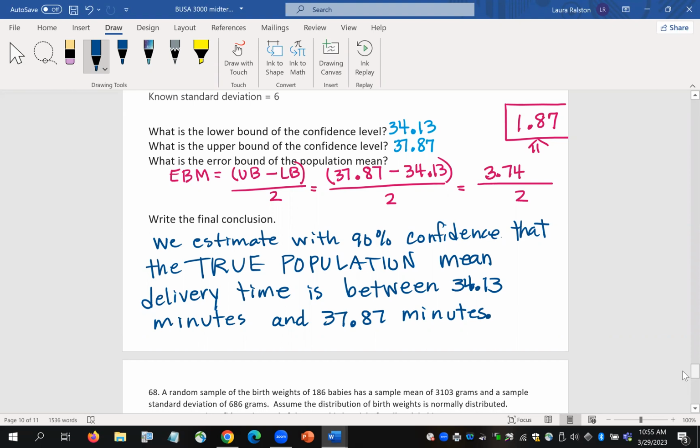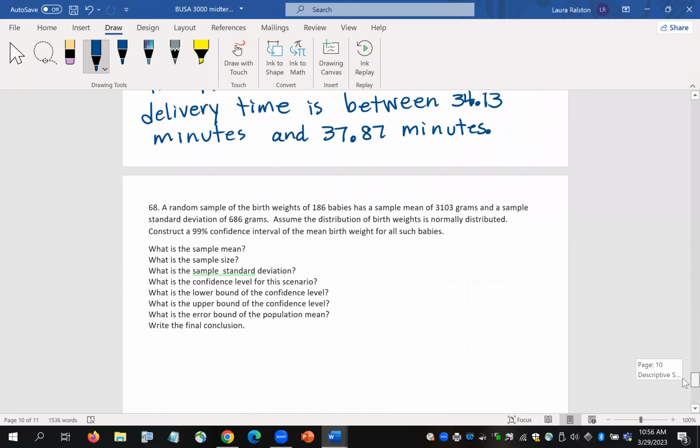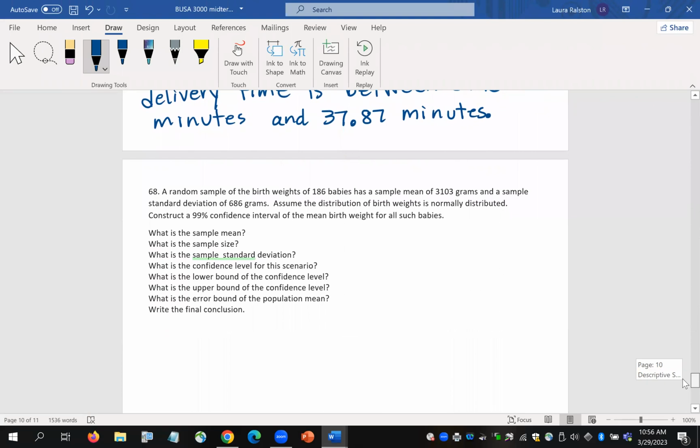Okay. Now, remember, on this one, you had the population standard deviation. When you know the population standard deviation, you do Z. But if you do not know the population standard deviation, if you look at the second one, you don't know the population standard deviation, so you use T. But the process is the same.